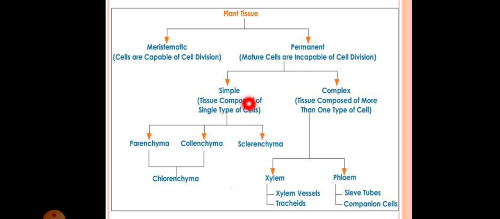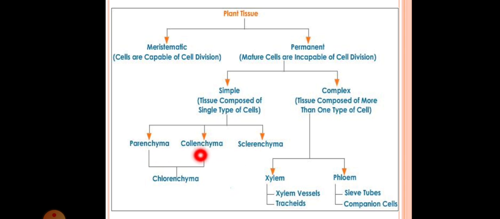Permanent tissues are classified into two types: simple and complex. Simple tissues are composed of a single type of cells. Complex tissues are composed of more than one type of cell. Simple tissues are parenchyma, collenchyma and sclerenchyma.